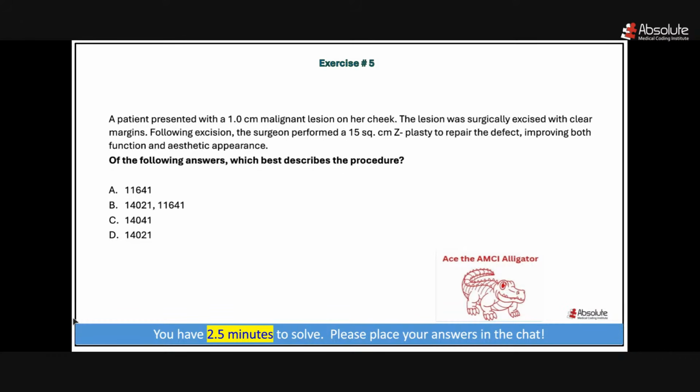The lesion was surgically excised with clear margins. Following excision, the surgeon performed a 15 square centimeter Z-plasty to repair the defect, improving both function and aesthetic appearance. Of the following, which best describes the procedure? All right, coders, your time begins now.